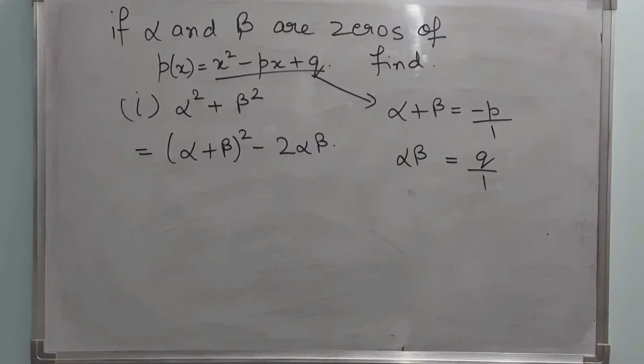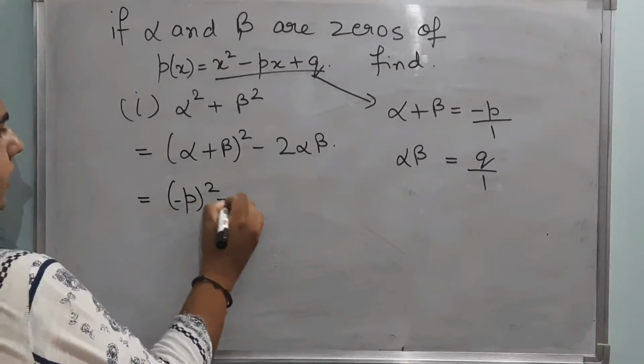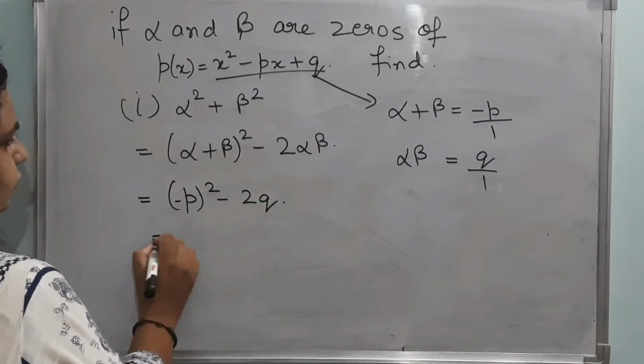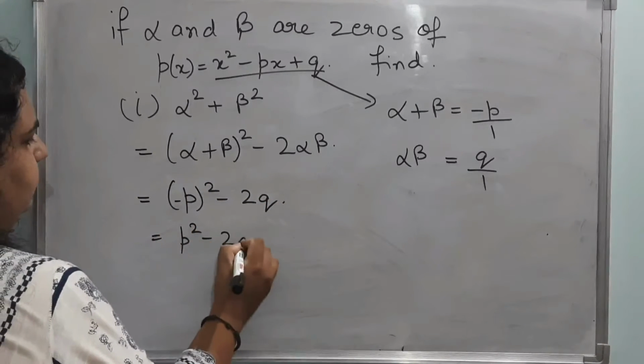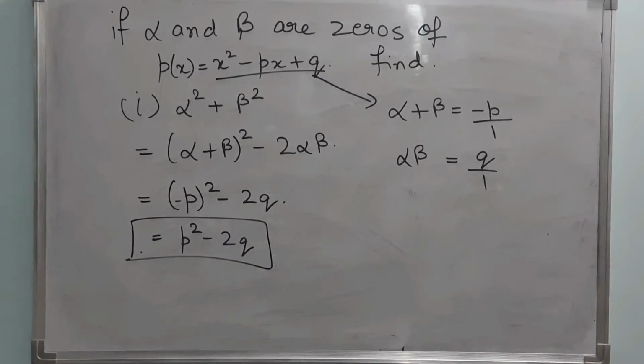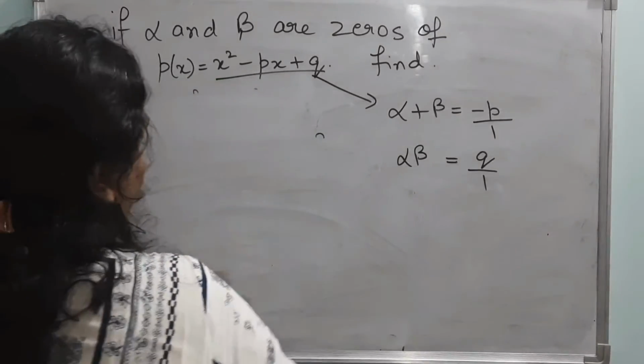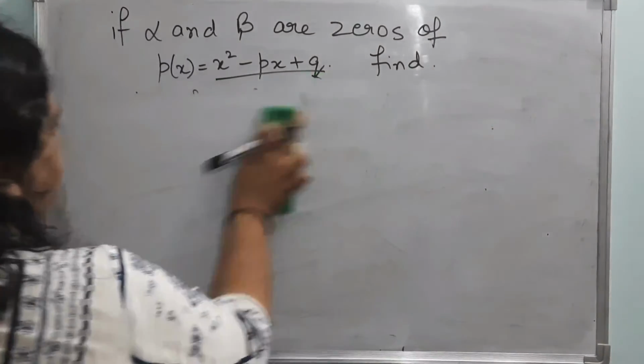Now put the values: p square minus 2q. So this is the value of alpha square plus beta square. This is the kind of question you will get.